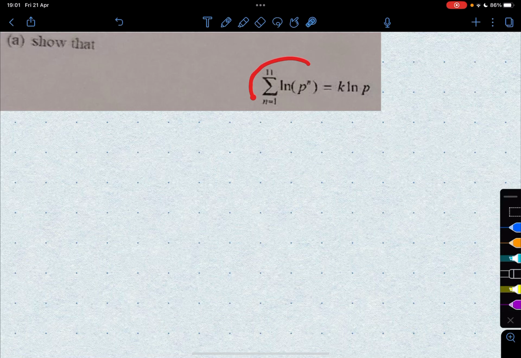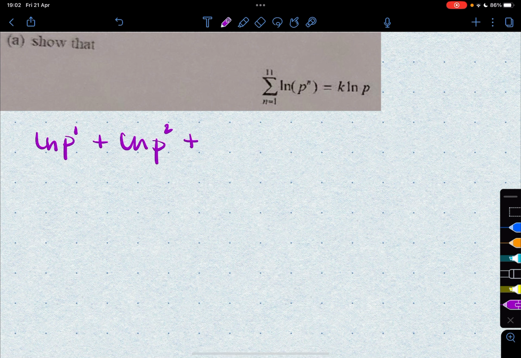Okay, so we have a summation of logs, and we need to show that this is equal to that. So I guess this summation can be written as ln p to the power 1 plus p to the power 2... That's what this summation actually means.